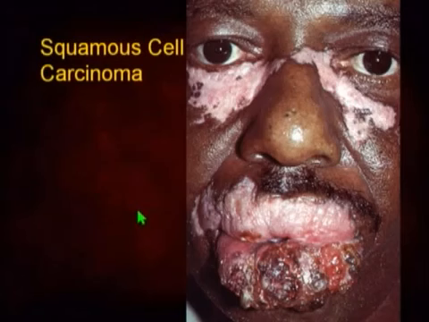And then, as I said, not limited only to fair-skinned individuals. So here is an African American with a squamous cell carcinoma on the lower part of this lip. Now, I know everybody has noticed that he's got some pigmentary abnormalities, and this is a patient with discoid lupus. I know you're all thinking that because it looks like the pictures that we looked at before. Remember, hypopigmented or depigmented center, and then a hyperpigmented rim around that.